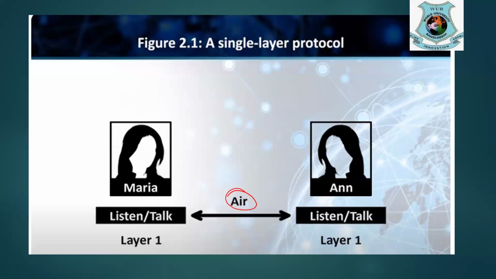They should say hi or hello, how are you, or say salam. After that, they should start talking about a particular point, but there should be a common language between Maria and Anne. Otherwise, they will not be able to understand what the other person is speaking. So there should be a common vocabulary between them.